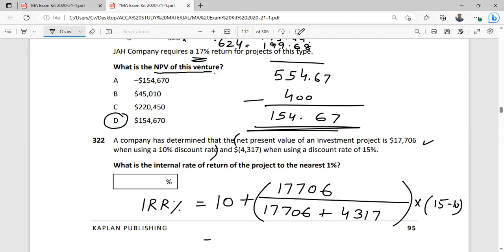So now you can calculate your IRR. First of all, solve the brackets. Your IRR is 19%, right? Any question?